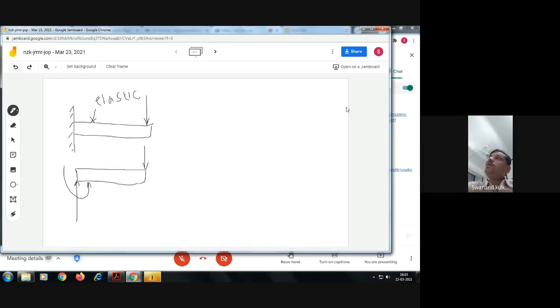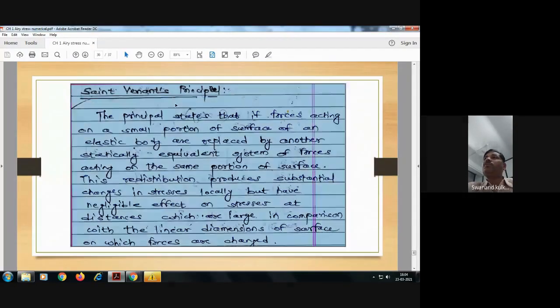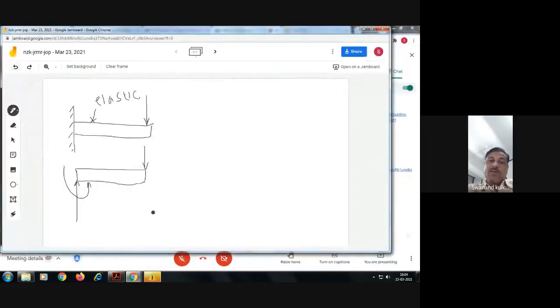This indicates that local distribution or redistribution of forces is one of the tools with which problems can be solved, and that is the effective tool given by Saint Venant. That's why we should try to clear the concept of Saint Venant's principle introduced here. Is it clear? Is it clear to all?